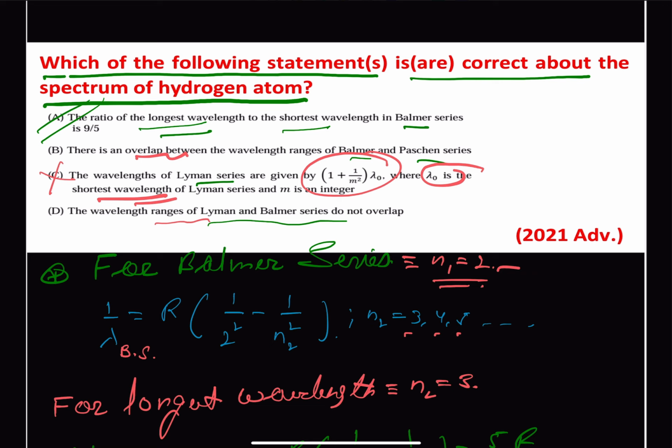So option D is correct, and Paschen is greater than 800, so option B is also incorrect. Both are not overlapping, but here it is mentioned overlap and here it is mentioned do not overlap. So option D is correct.